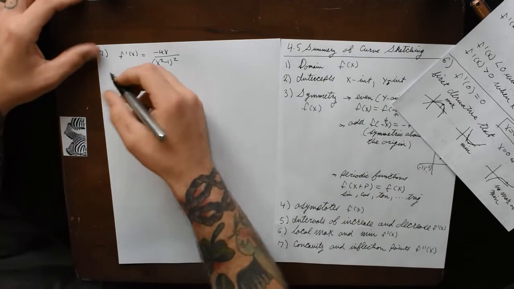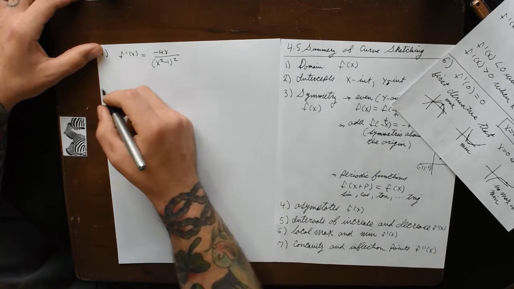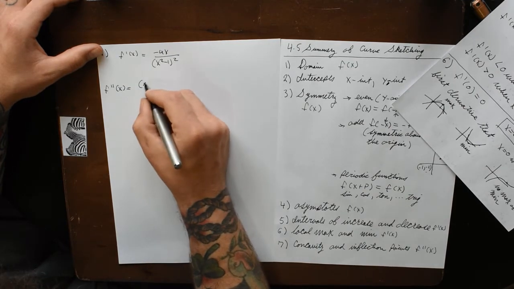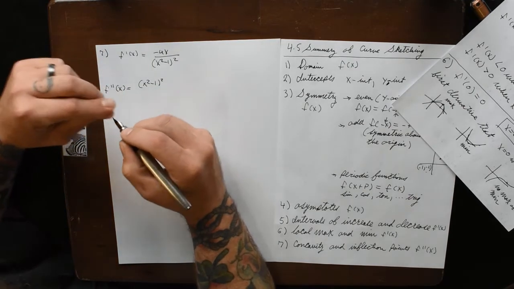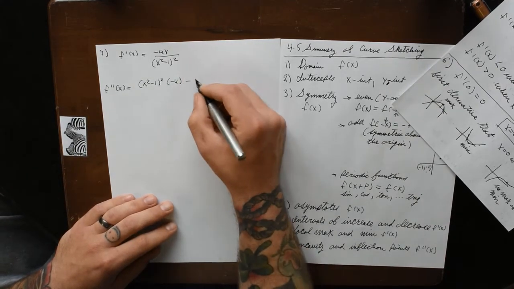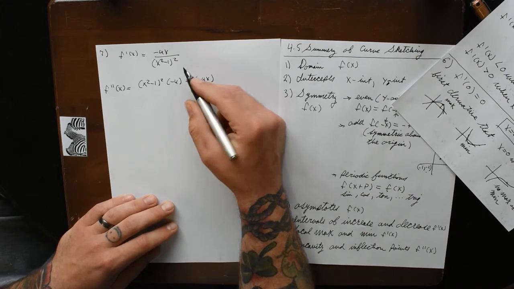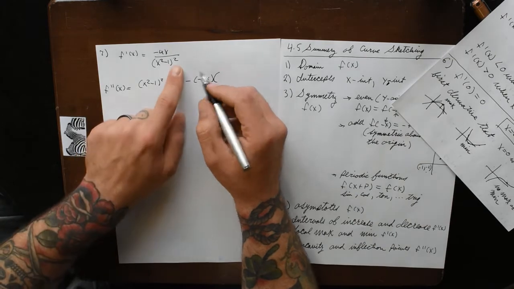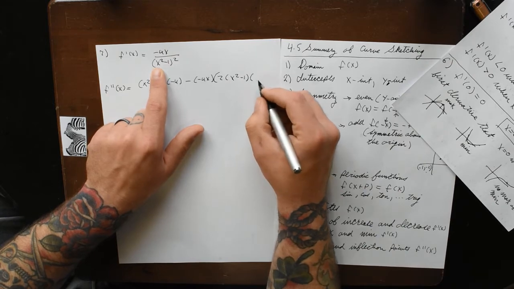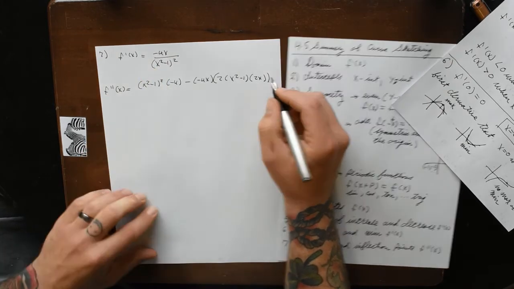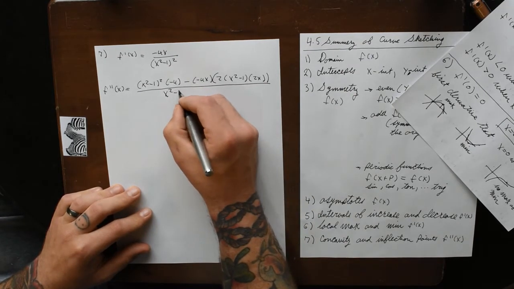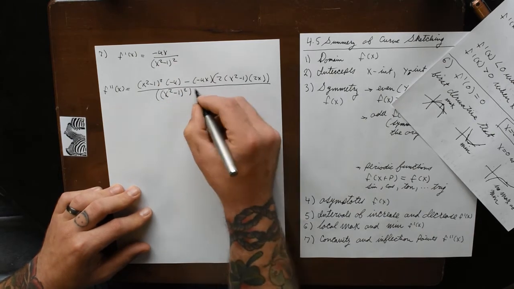So by the quotient rule, and we've got a chain rule floating around, going kind of quickly, f double prime of x is equal to low, (x squared minus 1) squared, times the derivative of the top, which is negative 4, minus the top, which is negative 4x, times the derivative of the bottom, which by the chain rule is 2 times (x squared minus 1) times the derivative of the inside, which is 2x, all divided by the denominator squared, ((x squared minus 1) squared) squared.